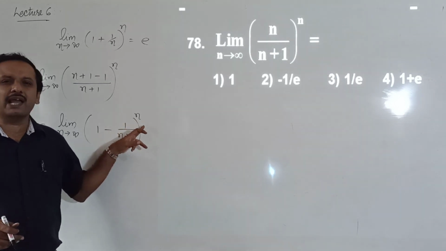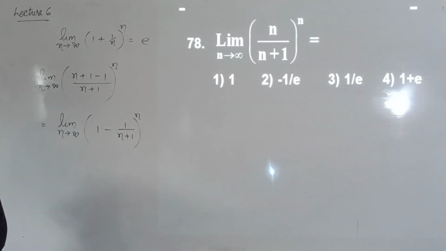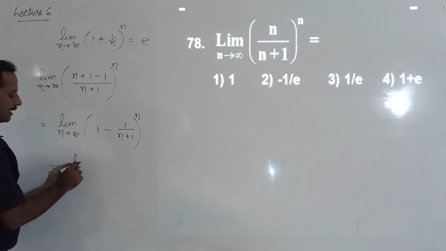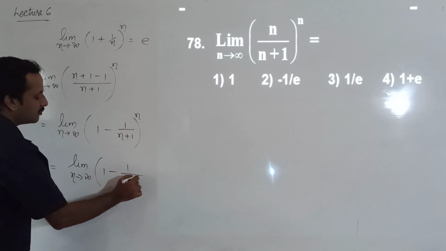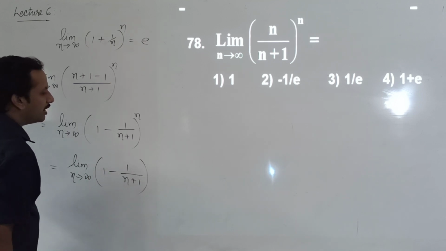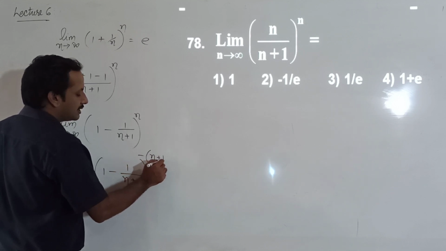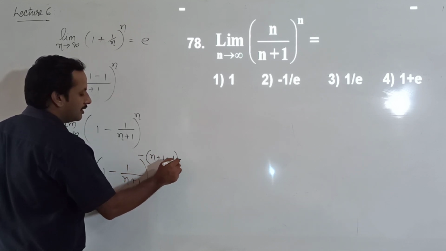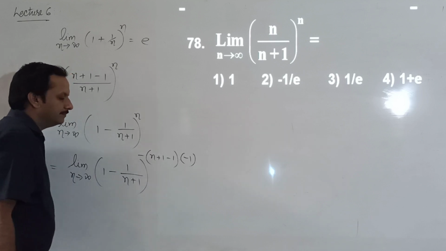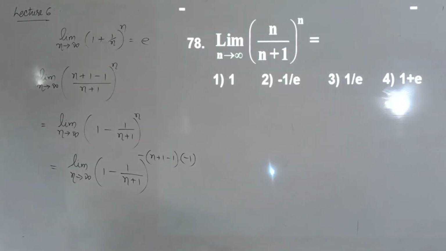We have only n here, I want minus of n plus 1. So what I do here is, I will write it in this way. Limit n tends to infinity 1 minus 1 by n plus 1 to the power, I will write it as minus of n plus 1 minus 1 into minus 1. Is it okay? See what I have done.